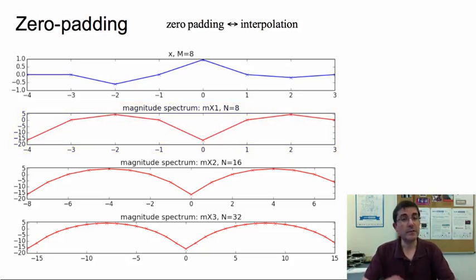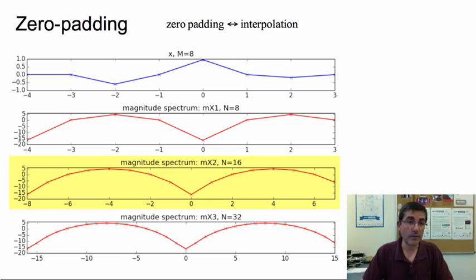Now, instead of computing the DFT of these 8 samples, we can compute the DFT of these 8 samples plus 8 samples of 0, therefore having the size of the DFT to be 16. And this is the second plot. So by computing the DFT of size 16, but of only these 8 samples, what we are seeing is a much smoother visualization.